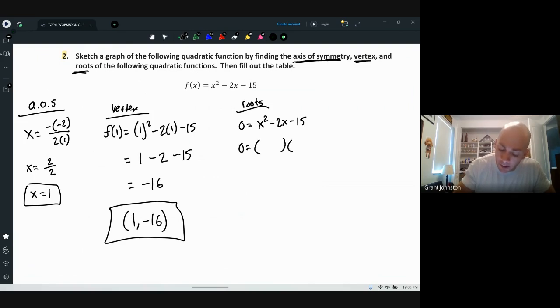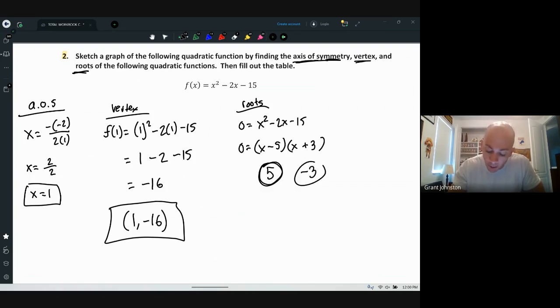So it's going to multiply to negative 15, add to negative 2. That would be minus 5 and plus 3. Then you can set them both equal to 0 and solve, but I know the roots are going to be positive 5. I don't really need to do that whole math. And the other root would be negative 3. So 5 and negative 3.